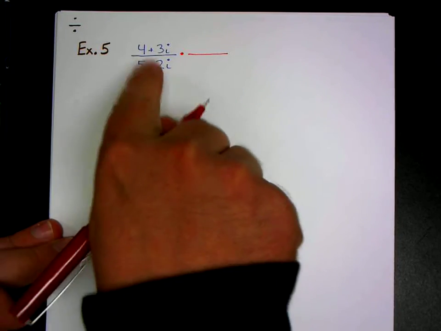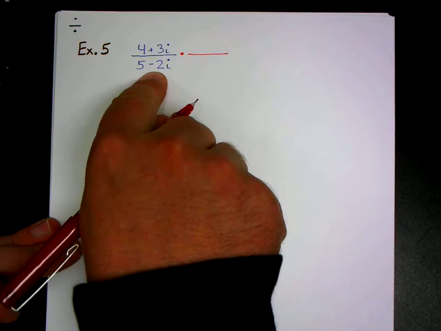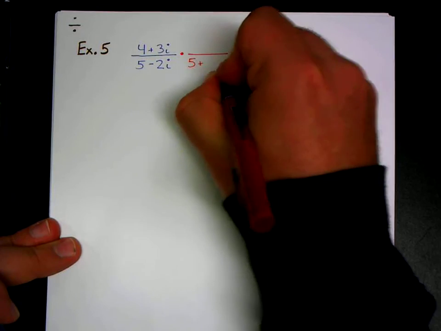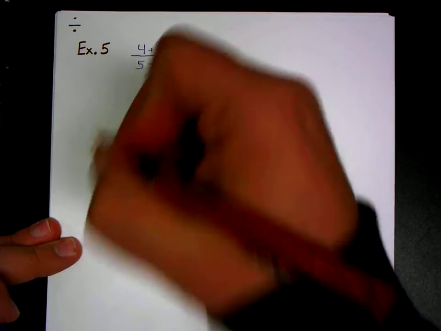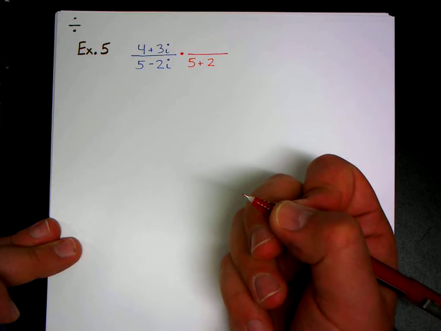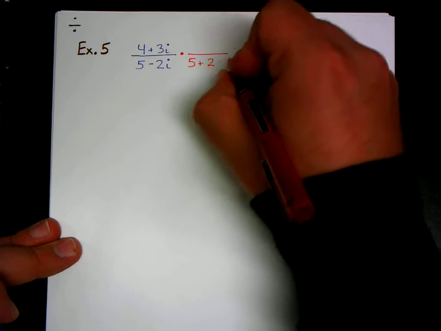Okay, in order to get rid of this, we need to multiply by the conjugate. So this is why you're supposed to learn how to rationalize the denominator whenever you're dealing with square roots, because whenever you start dealing with complex numbers, this is a square root.